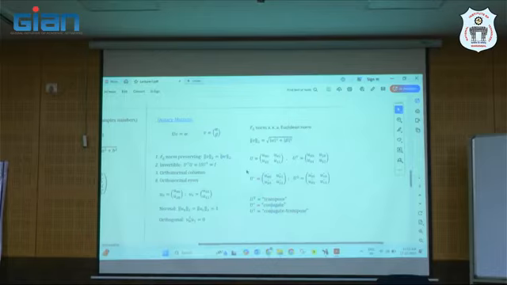Agreed? U dagger U equal to U U dagger equal to identity. That is invertibility. The matrix is invertible, and the inverse of U is U dagger. The inverse of U dagger is U.